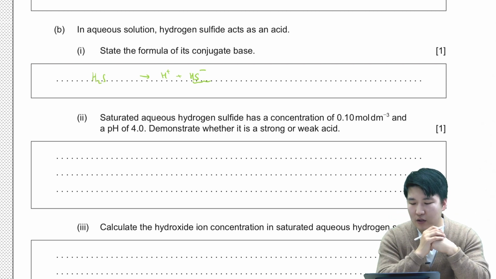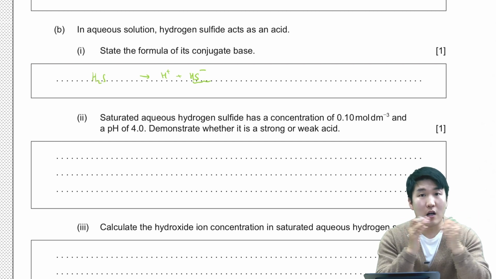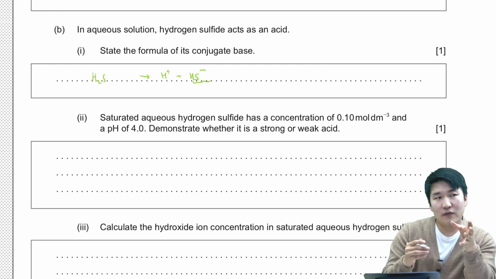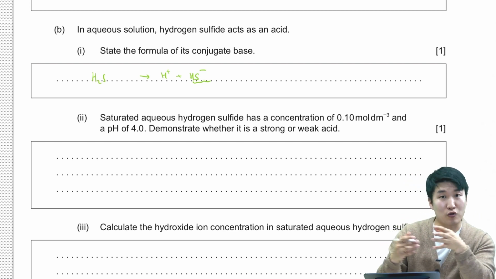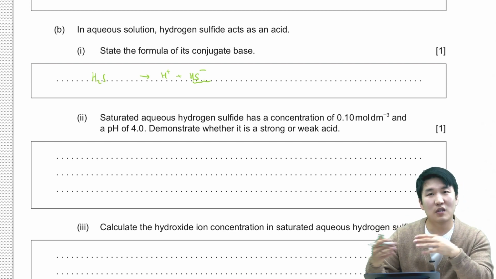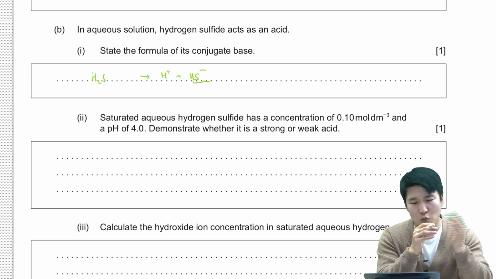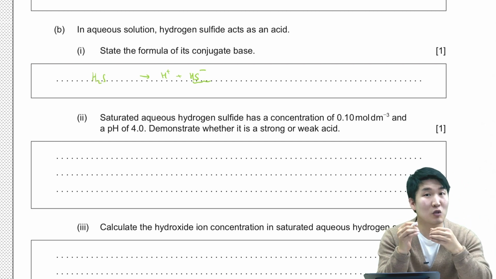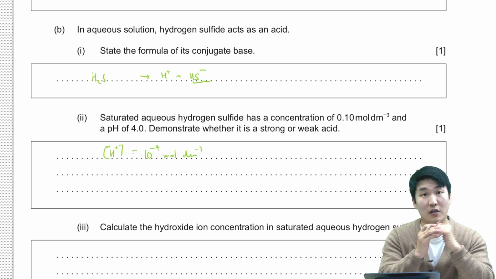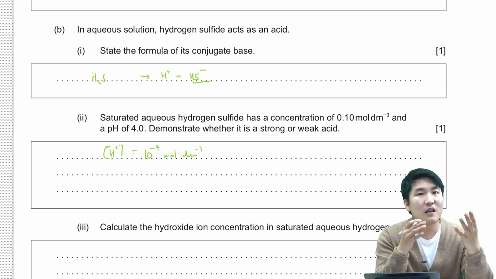Initially, we have 0.1 mol dm^-3 of H2S. If the acid was strong, then we would end up with 0.1 mol dm^-3 of H+, which doesn't seem to be the case, but only 10^-4 mol dm^-3. The H+ concentration is 10^-4 as we are given from the pH value.